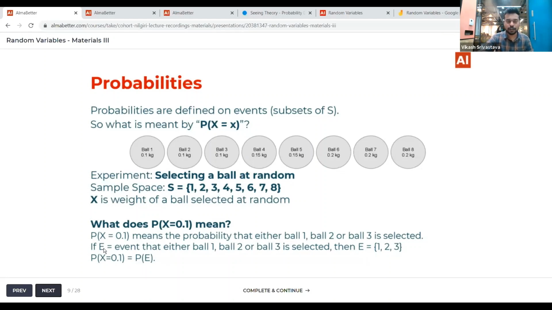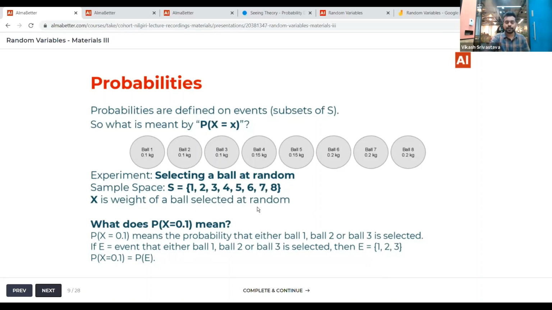So if you define E as the event that either ball 1, ball 2 or ball 3 is selected, then your event is the set which consists of these 3 values, that is 1, 2, 3. And as you know, probabilities are defined on subsets of S. So this {1, 2, 3} is a subset of our sample space.